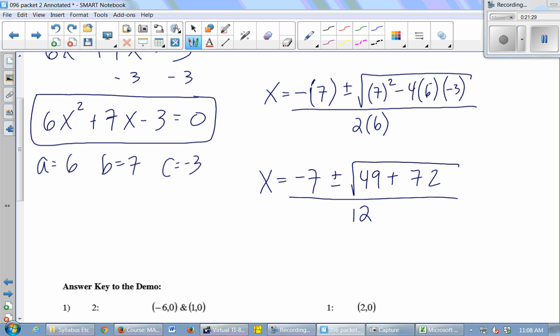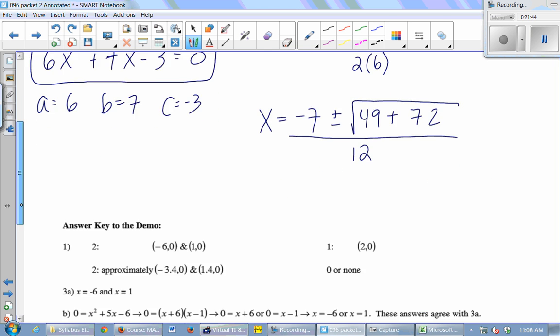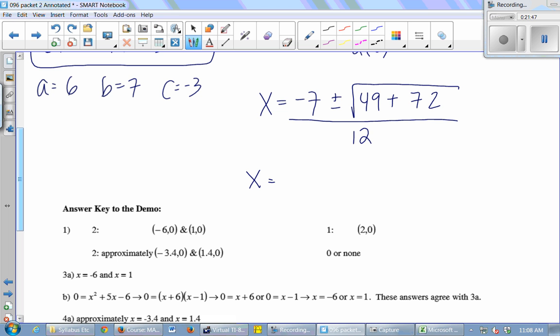All right, and then what is 49 plus 72? 121. So x equals negative 7 plus or minus the square root of 121 over 12. The square root of 121 is 11. So instead of writing square root of 121, I'm going to write 11.